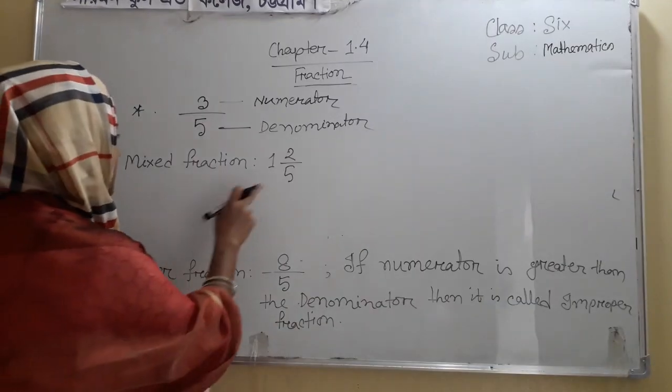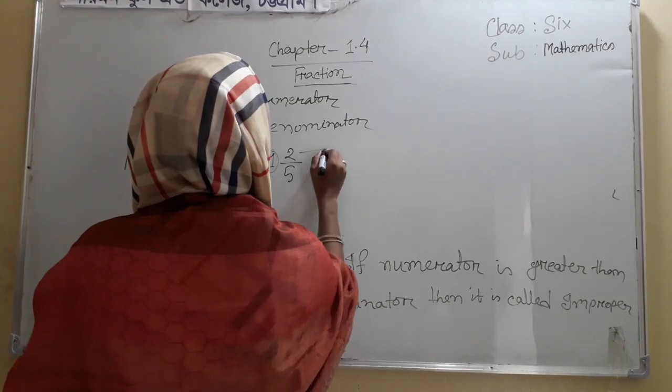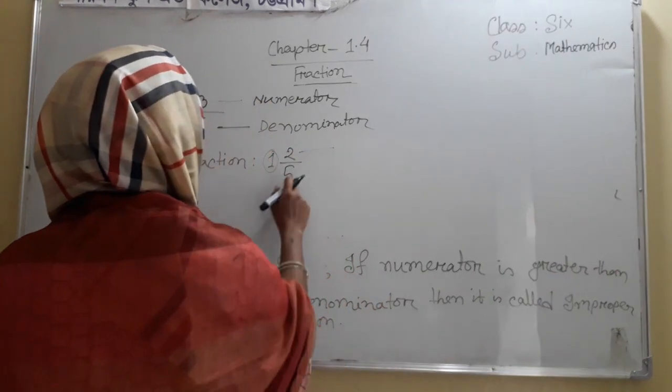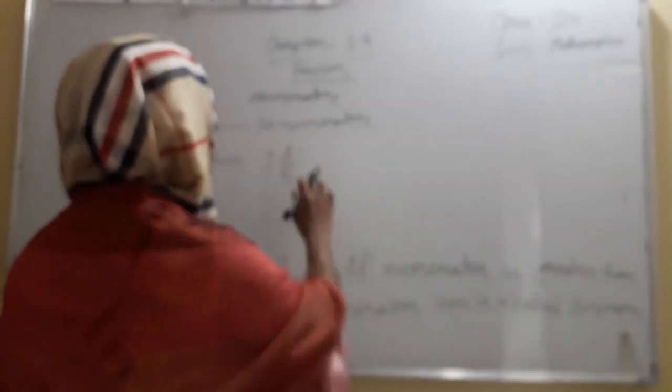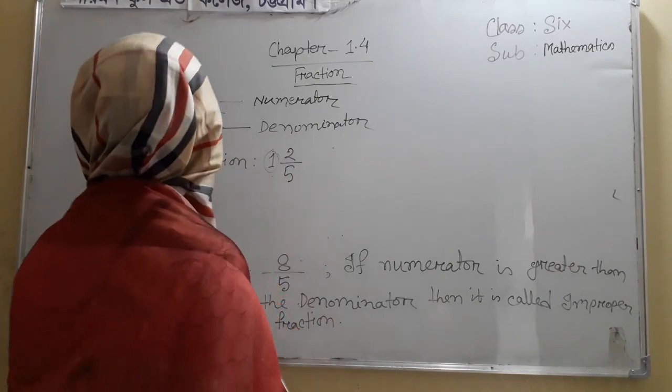We write mixed fraction as 1 and 2 by 5. That means here 1 is the integral part, and we already know 2 is the numerator and 5 is the denominator. Here 1 is integral part. These types of fraction we call mixed fraction.